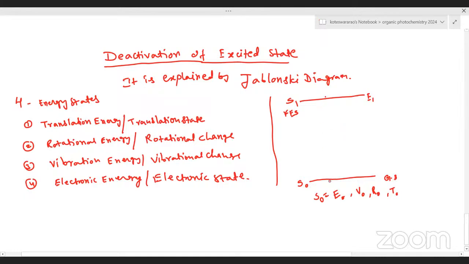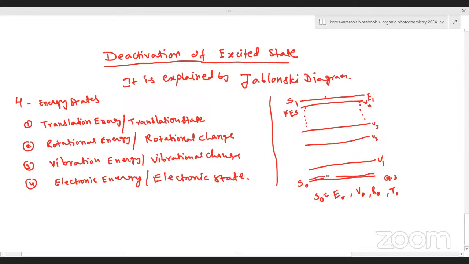And in between there are several vibrational states. This is the V0, and this is the V1, V2, V3, and so on. N number of vibrational states.